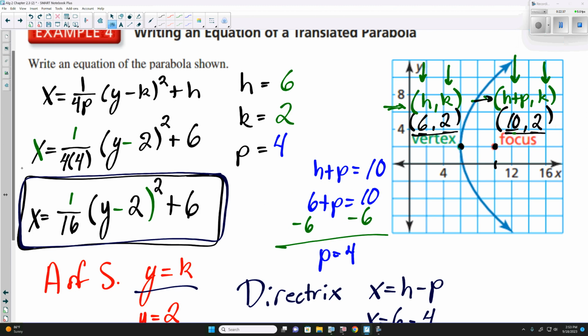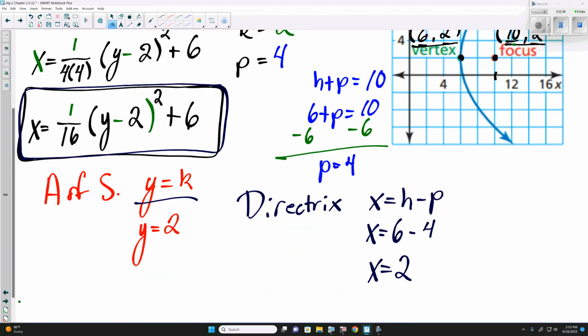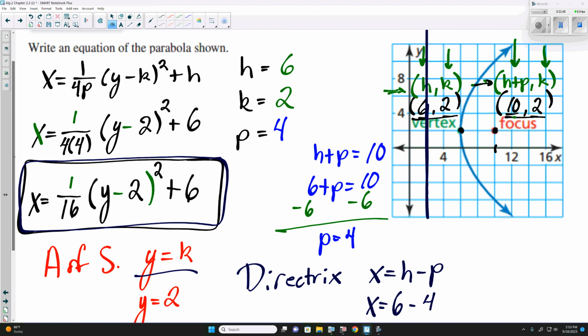The directrix x equals 2 is actually this line right here, going straight up and down. Now the axis of symmetry y equals 2 is this equation here. Y equals is a flat line, x equals is straight up and down.